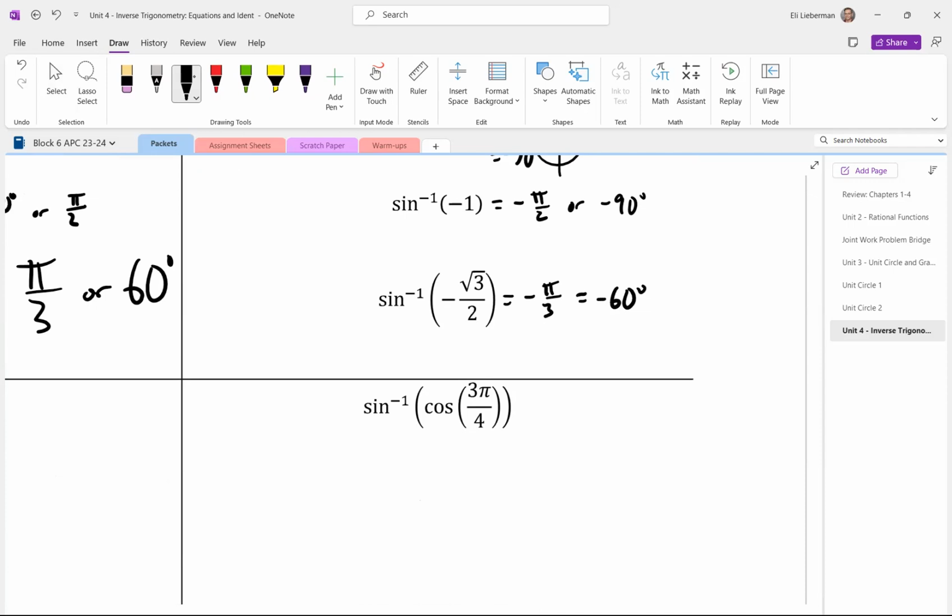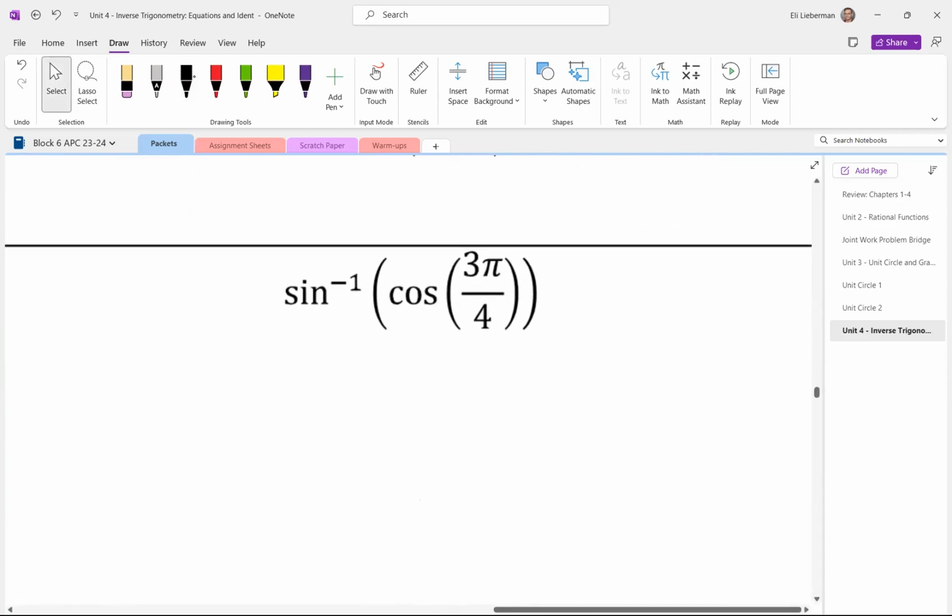This next one, Lauren, did you get anywhere with this? Well, let's do it together. What do we do first here? Okay, I think that's the place to start. Is this true? -√2/2? Seems good to me.